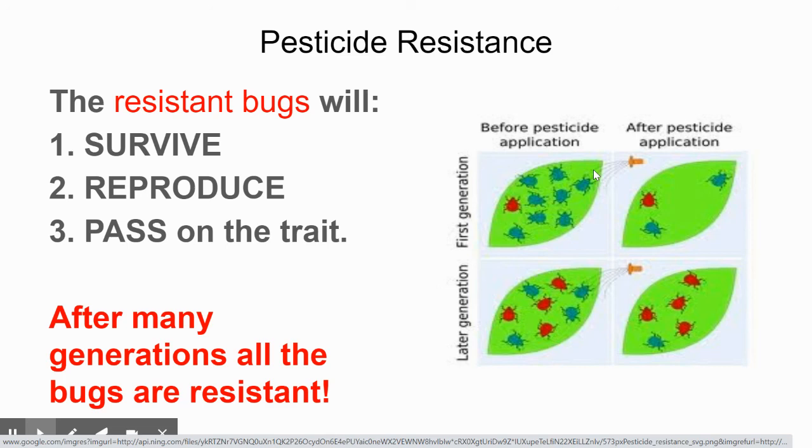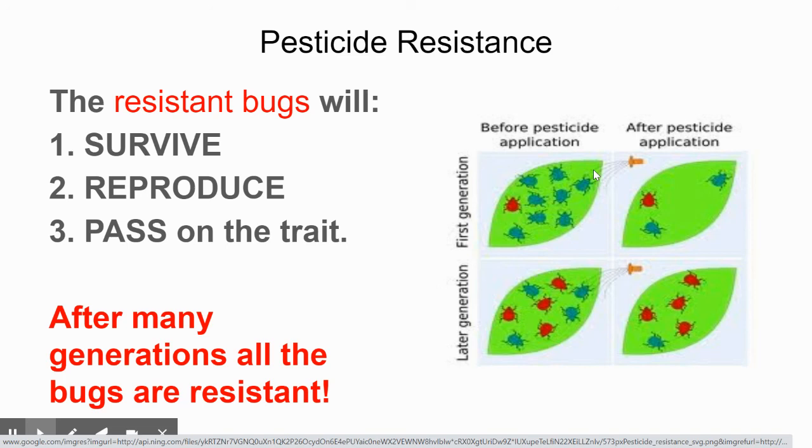And so one of the things I really want to emphasize is that our bugs or our bacteria have a DNA mutation. They have some sort of DNA mutation that makes them resistant, and it's the mutation that's being passed on.